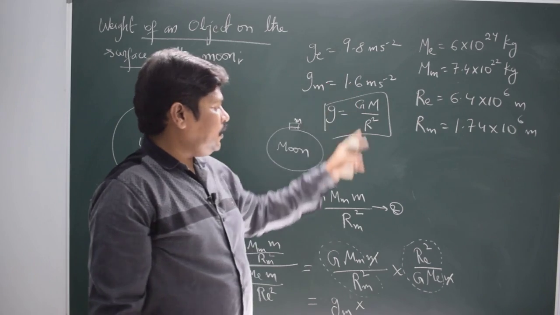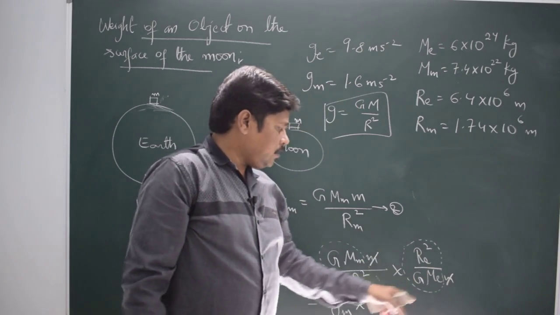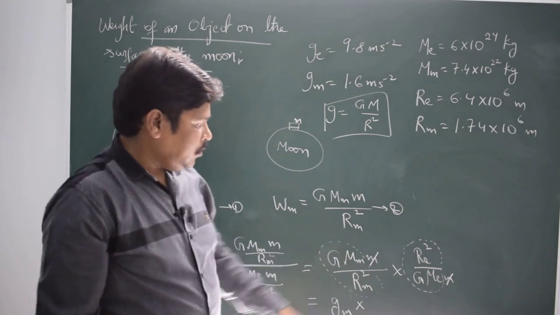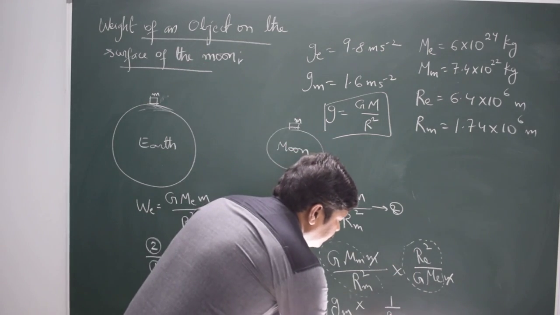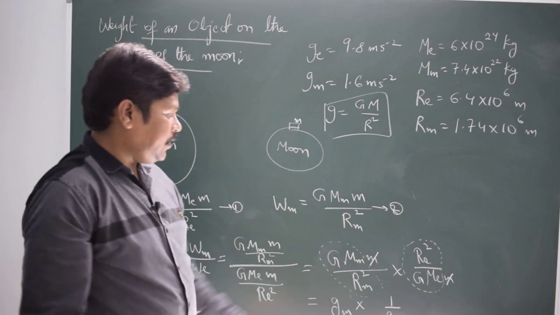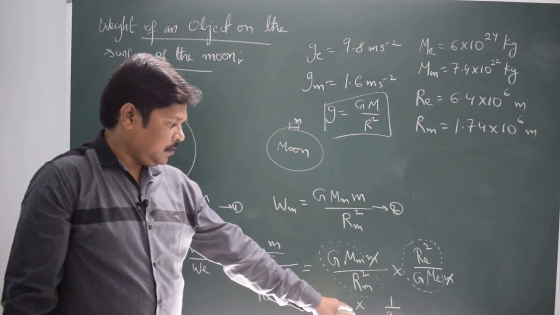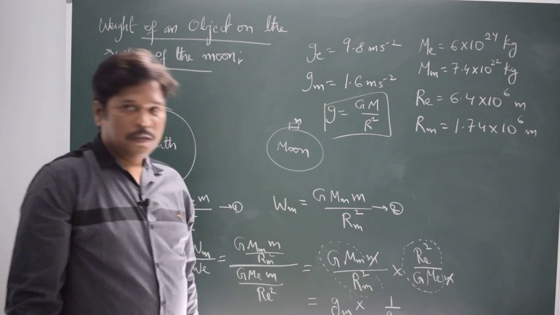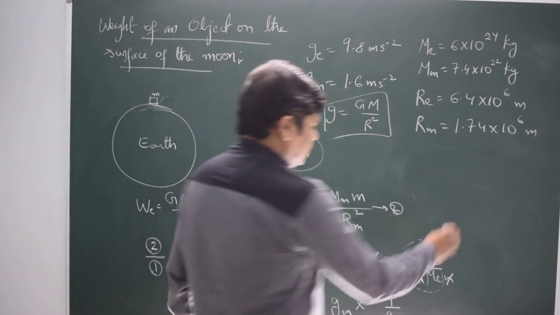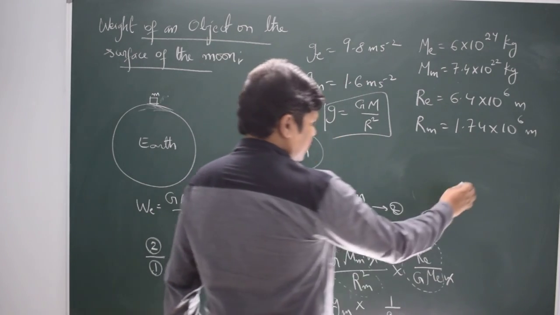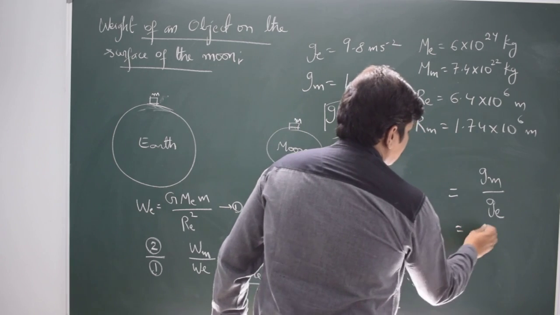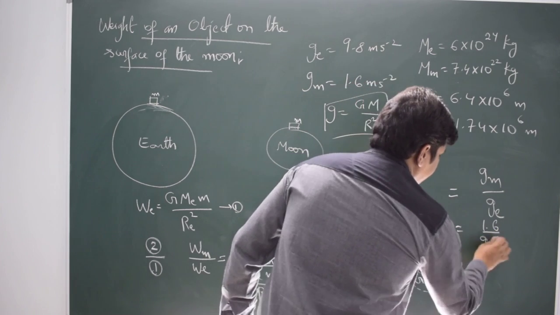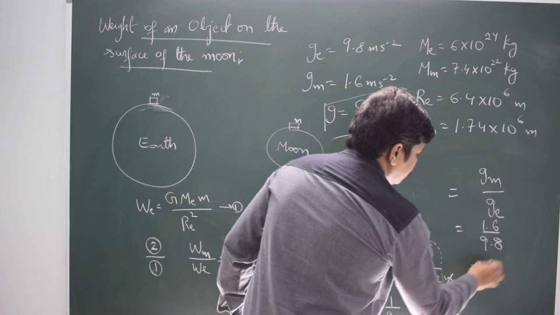Actually it is G me by re square. Since it is dividing, we write it as the inverse, 1 by the acceleration due to gravity of the earth. So it is gm by ge, 1.6 by 9.8, which is equal to 1 by 6 times.